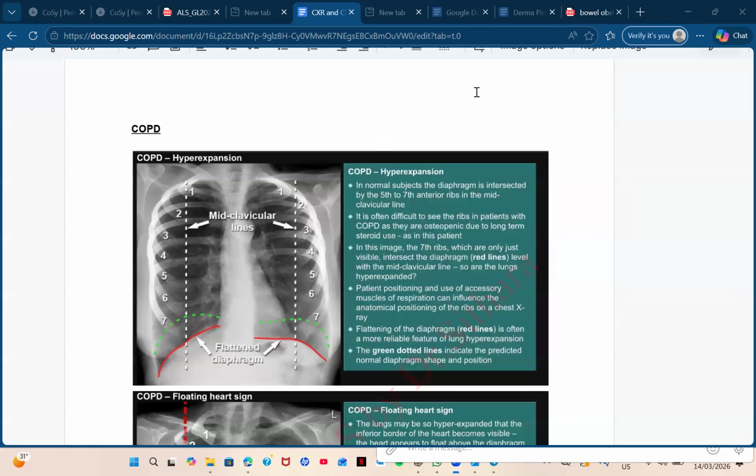How does COPD present in chest X-ray? Tell me, doctors.